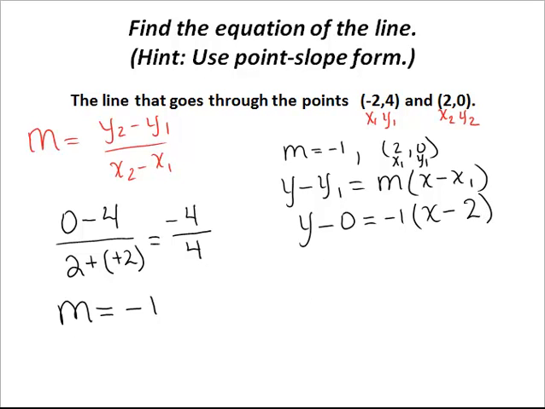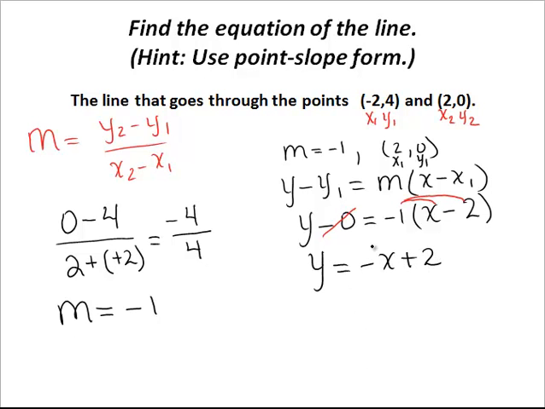So now we notice that y minus 0 is simply y. So we will write y equals, and then on the right hand side we will distribute this -1 here, and so we obtain -x plus 2.